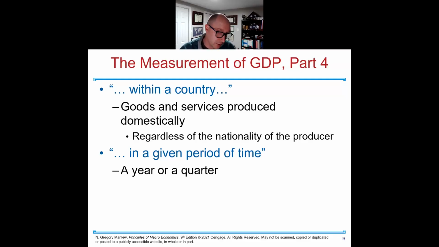April, May, June is Q2. July, August, September is Q3. October, November, December is Q4. I look at all 4 quarters to equal a year. So in gross domestic product, we look at it every single quarter, and then we look at it as a whole year after the 4 quarters go by.